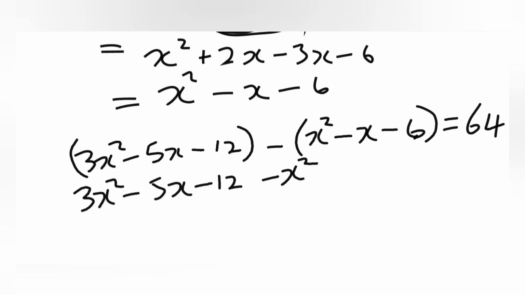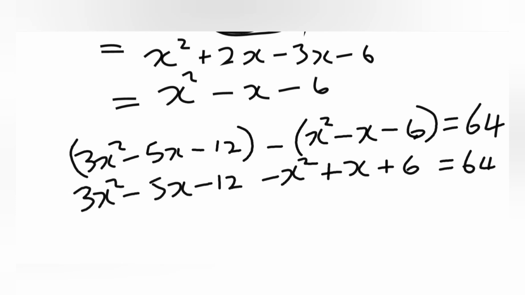Minus times minus x is going to give us a plus x. And minus times a negative 6 is going to give us a plus 6. And all of this will be equal to 64. So in the next step, we're going to group like terms.